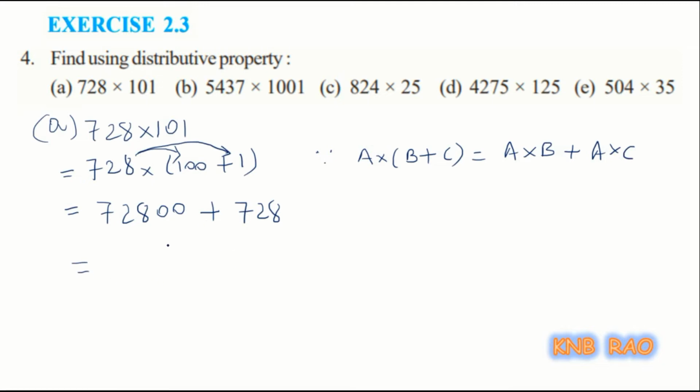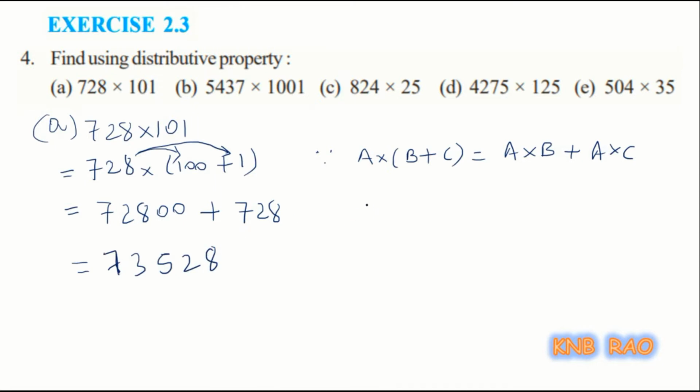Now, adding 72,800 plus 728 is easy because 800 plus 700 is 1500. So, it becomes 73,528.